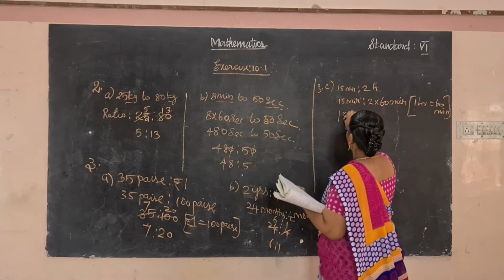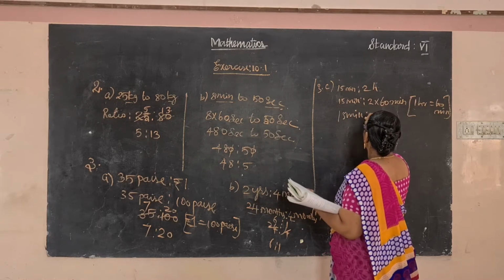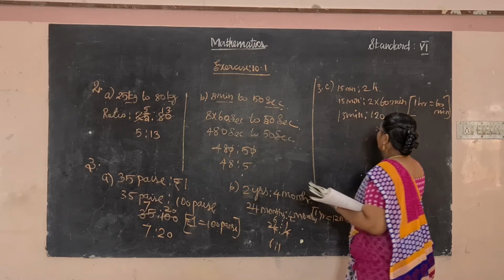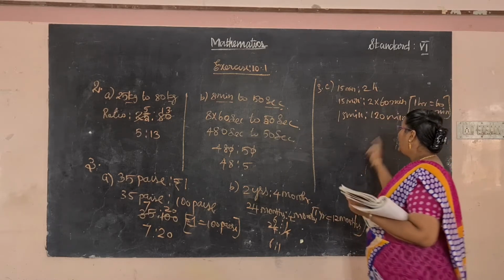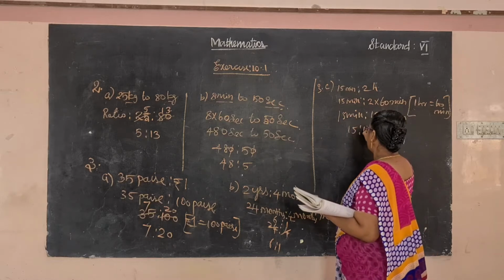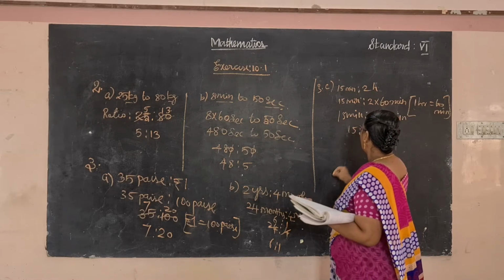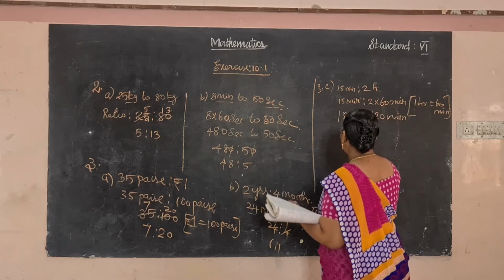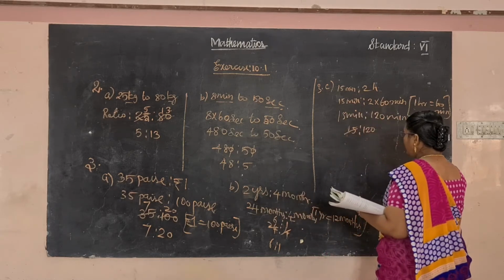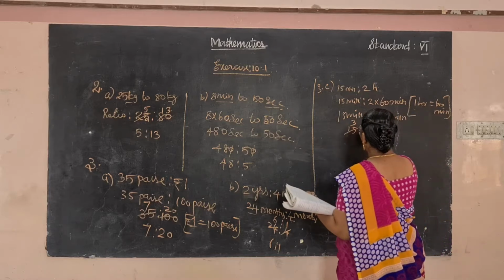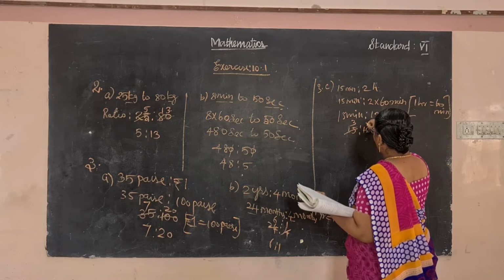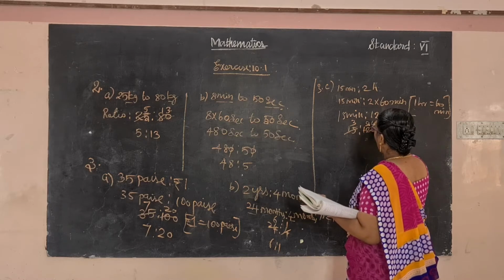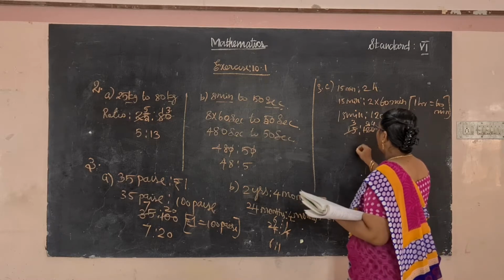Okay, so 15 minutes is to 120 minutes. Now compare the ratios. 15 is to 120. Cancel in 3 table or 5 table. 5 3s are 15, 5 24s are 120.